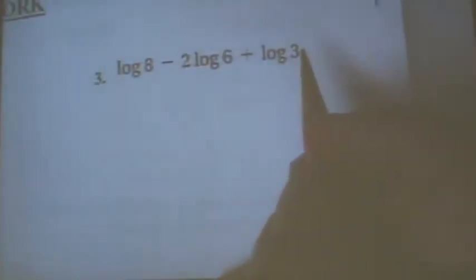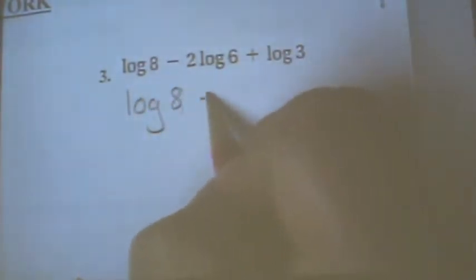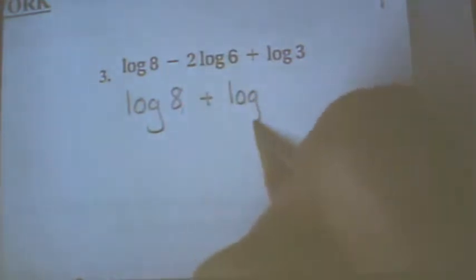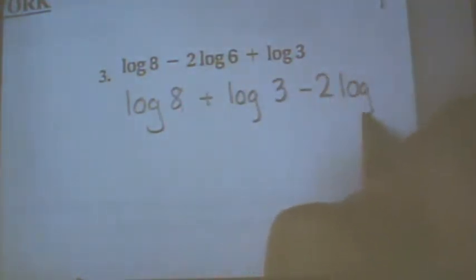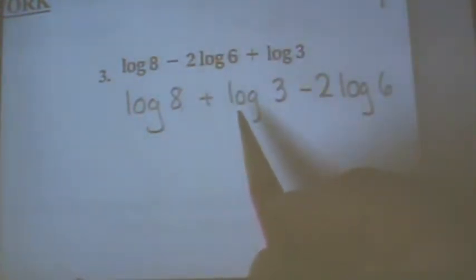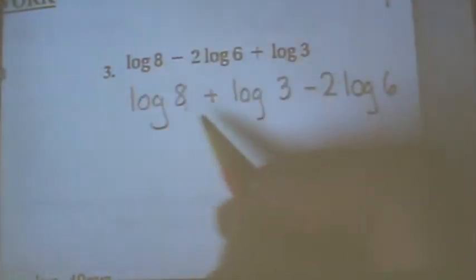Okay, you can think of this as, you could actually rearrange these. So this could be log of 8 plus the log of 3 minus 2 times the log of 6. Because of the commutative property and the associative property, you can switch these around.